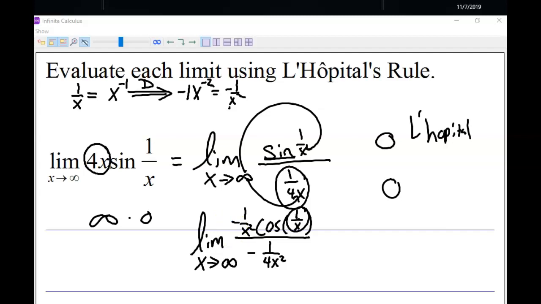Instead of having negative 1 over 4x squared in the bottom, I'm going to multiply the top and the bottom by negative 4x squared, so those cancel and the negatives cancel. And we'll multiply the top by negative 4x squared as well. And so the negatives cancel and the x squareds cancel. And so we're left with this then.